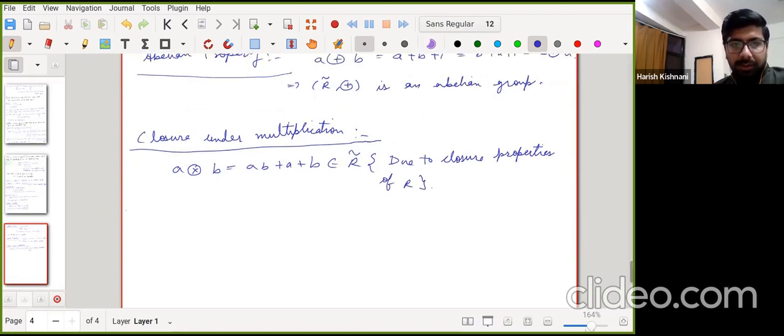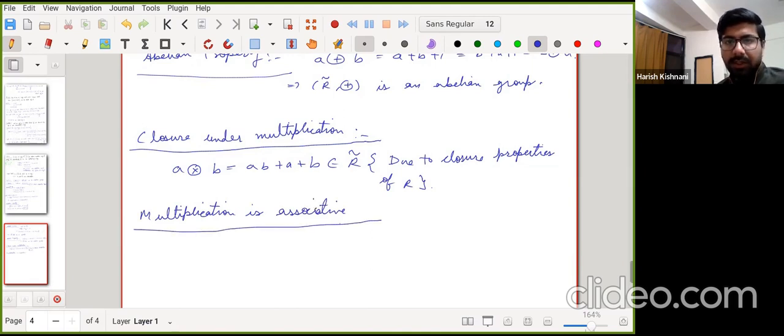Now, associativity with respect to the multiplication that we have to check. So multiplication is associative. So till now, I think everything is okay.